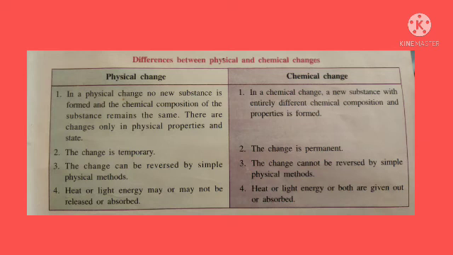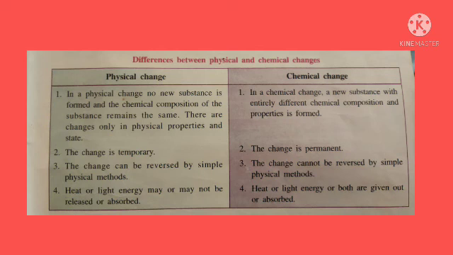In chemical change, the first point is that a new substance with entirely different chemical composition and properties is formed. The second point of physical change is that the change is temporary, and in chemical change the change is permanent.